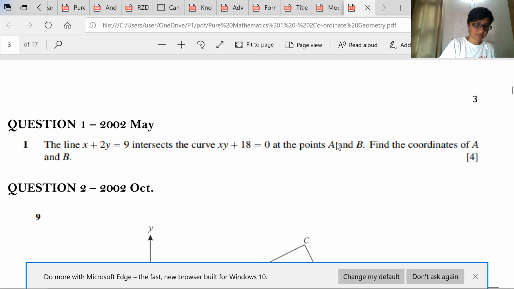So let me copy this: x plus 2y equals 9, xy plus 18 equals 0.